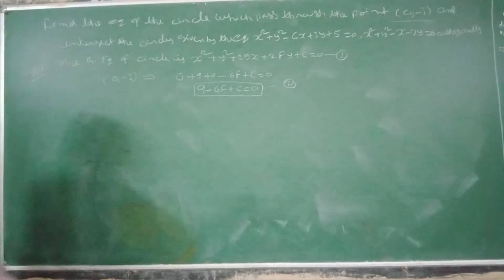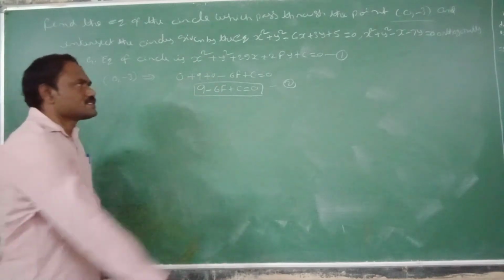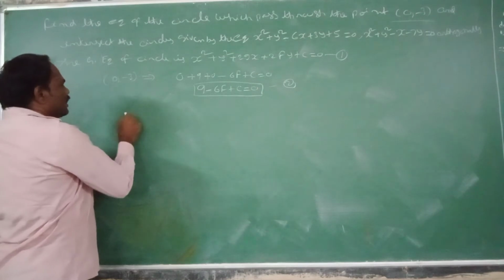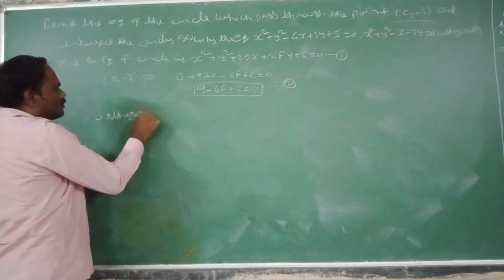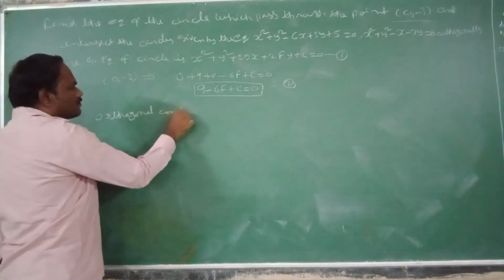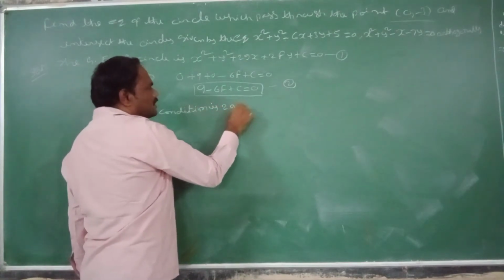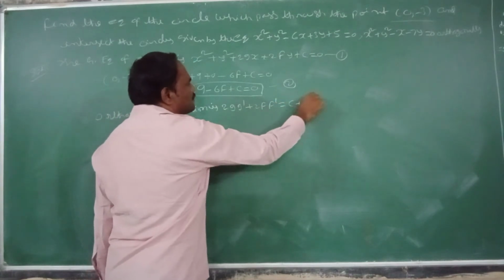Equation 2. Given the required circle is orthogonal to the given circles. First we take the required circle orthogonal to circle equation 1. The orthogonal condition is 2gg dash plus 2ff dash is equal to c plus c dash.